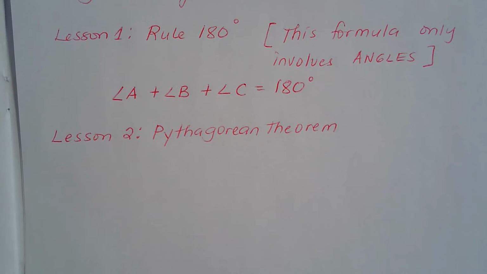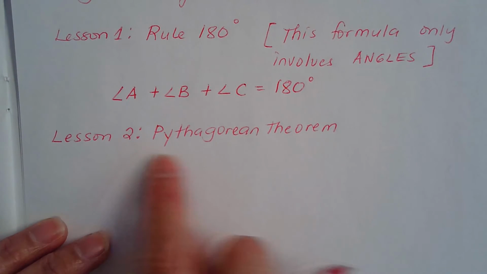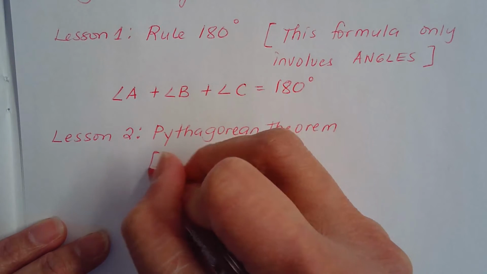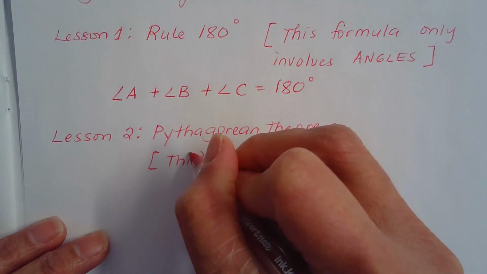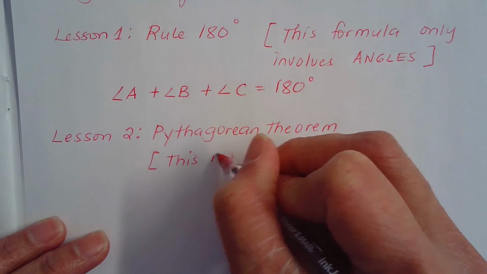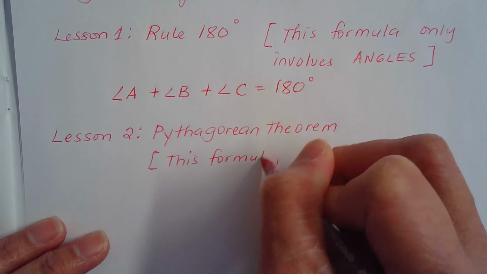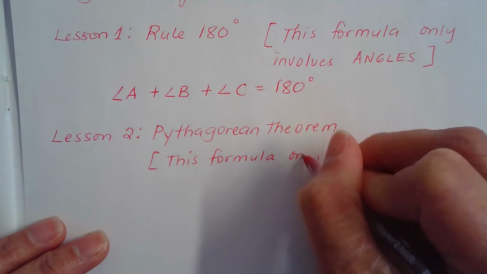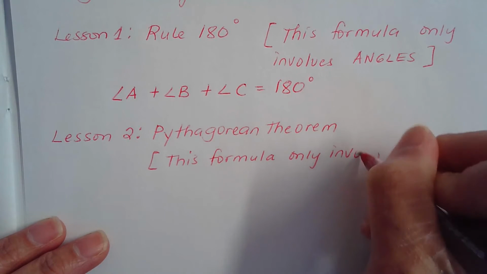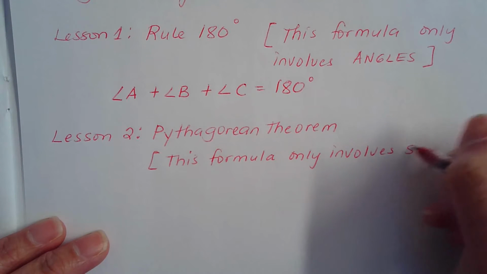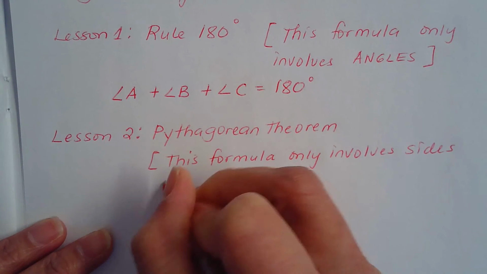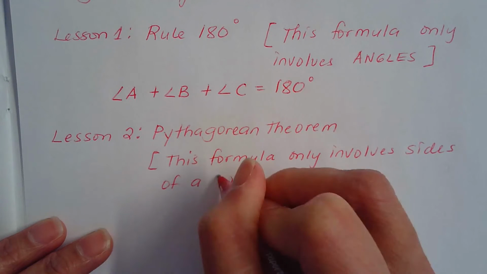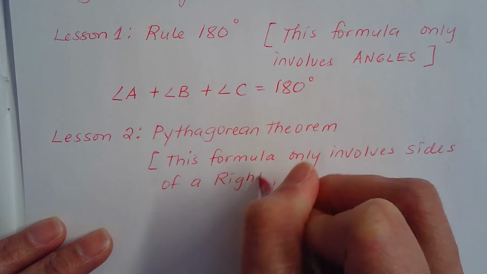And this Pythagorean theorem formula only involves sides of a right triangle.